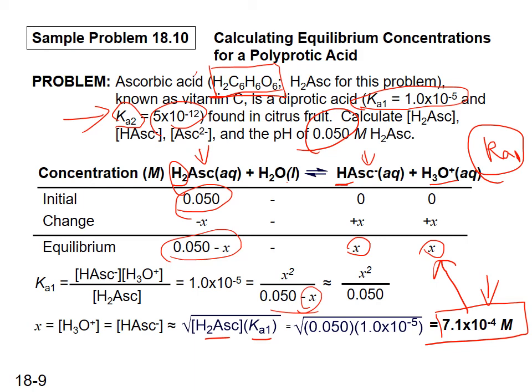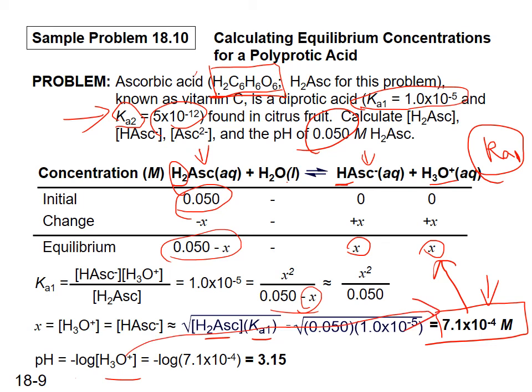So we assume that the hydronium ions in the solution are mainly generated just by the first one. Therefore we can calculate the pH value, which is negative log hydronium ion, and that gives you 3.14 or 3.15.